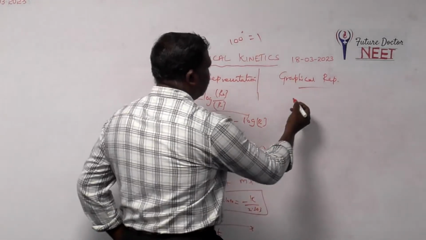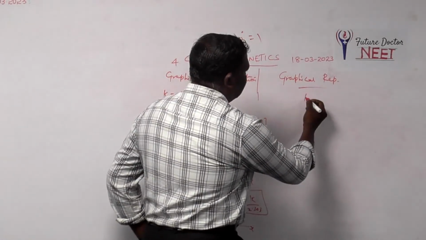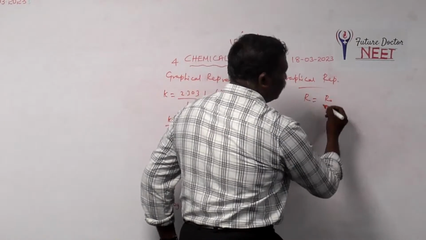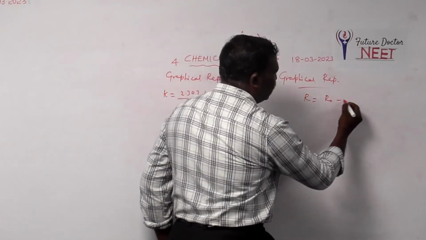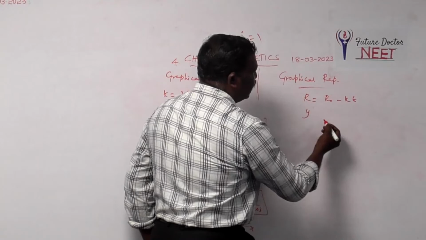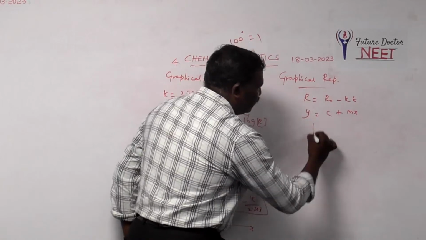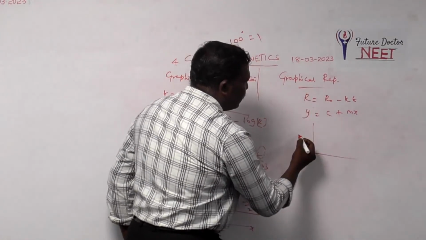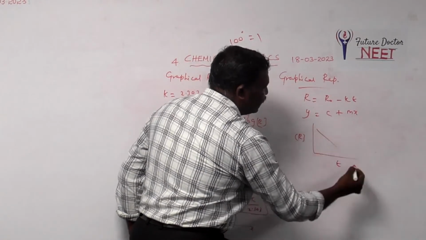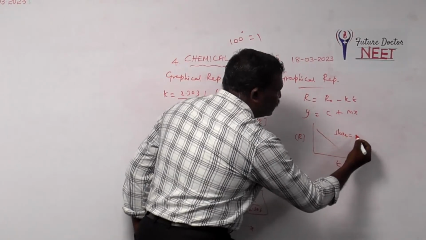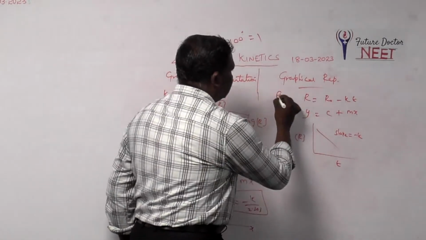See the first graph here. I put ln, ln means ln, okay. But here r is equal to r naught, don't put the logarithm, ln, natural logarithm. This will not come. r is equal to r naught minus kt. This looks like what? y is equal to mx plus c. Concentration of R versus t, we get a negative slope. Slope is what? As usual, minus k. This is right for zero order. This is graph 1. The ln will not come here.